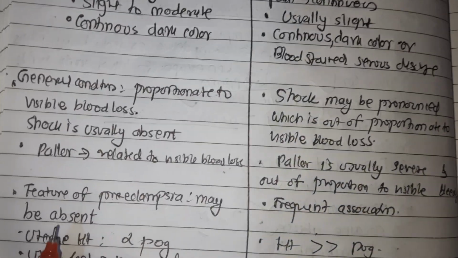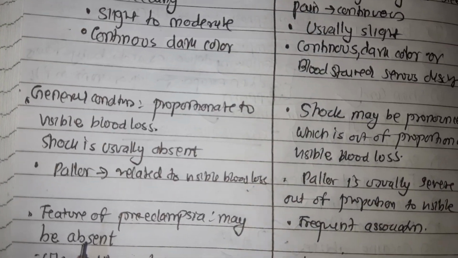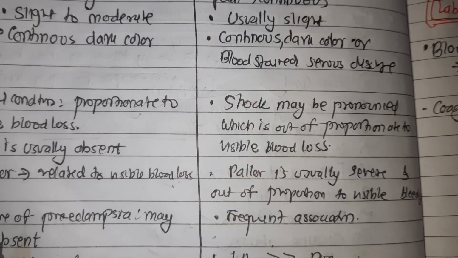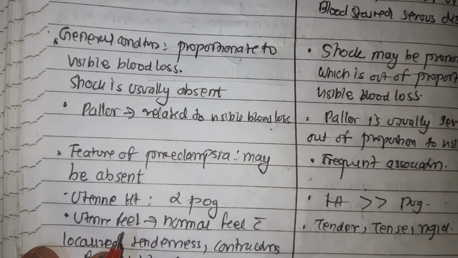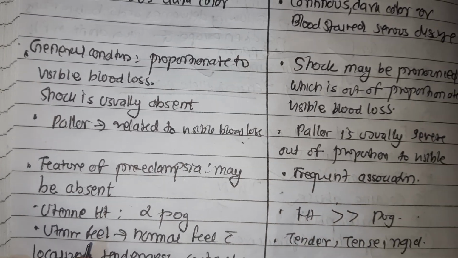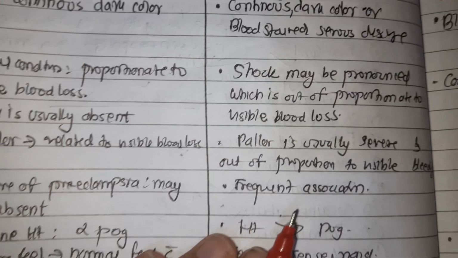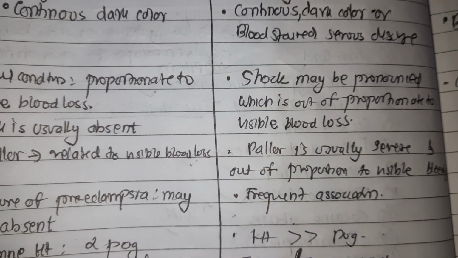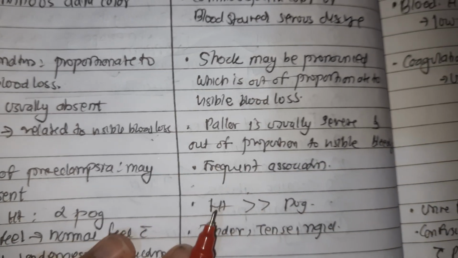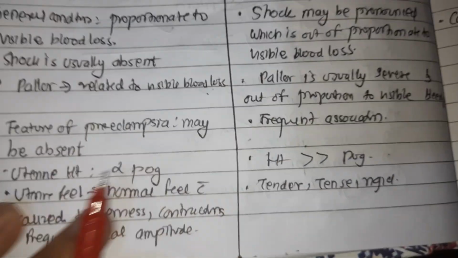Preeclampsia may be absent or a frequent association. In the revealed type, uterine height is equal to the period of gestation, whereas in the mixed type the uterine height may be disproportionately enlarged, more than the period of gestation.